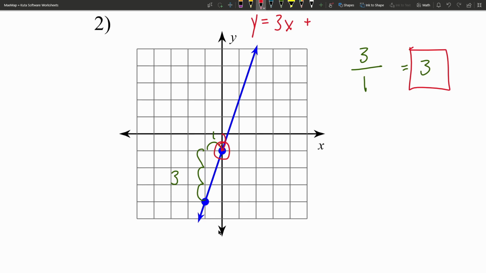We're crossing that at a y value of negative 1. So this is 3x plus negative 1, or we could write it as 3x minus 1. That is our equation of our line in number 2. Our slope is 3, our y-intercept is a negative 1.